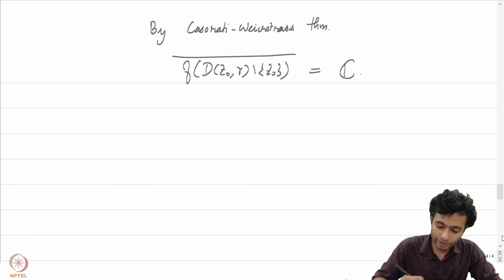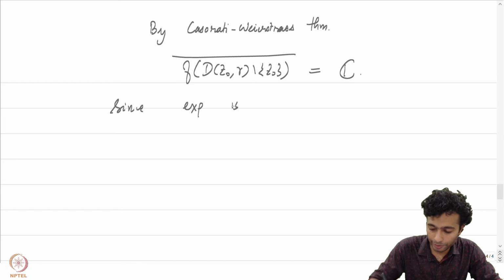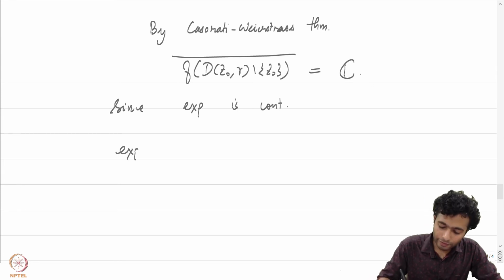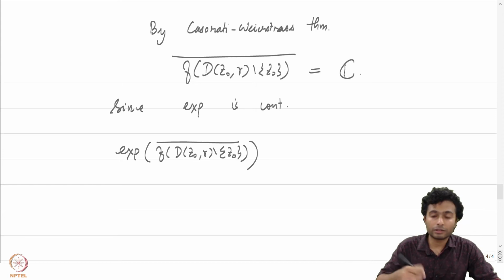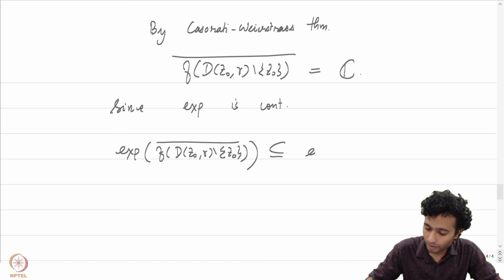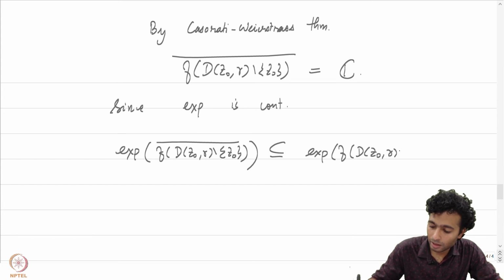Now, being a continuous function, since exp is continuous, exp of f of D(z0, r) minus z0 is going to be contained in the closure of exp of f of D(z0, r) minus z0.